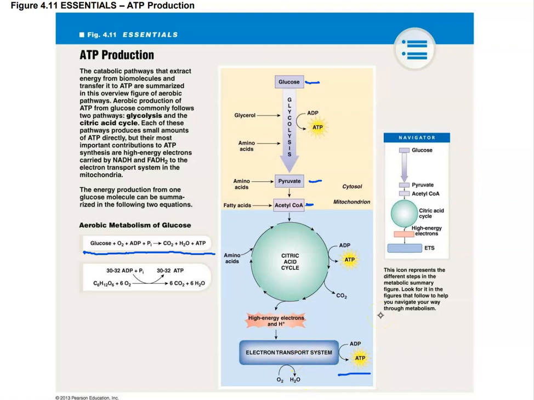So this is your overview slide. I admit it's a little bit crowded, but it tells you the 3 parts to ATP production via aerobic respiration. So glycolysis, Krebs cycle, electron transport chain, 3 parts to this.